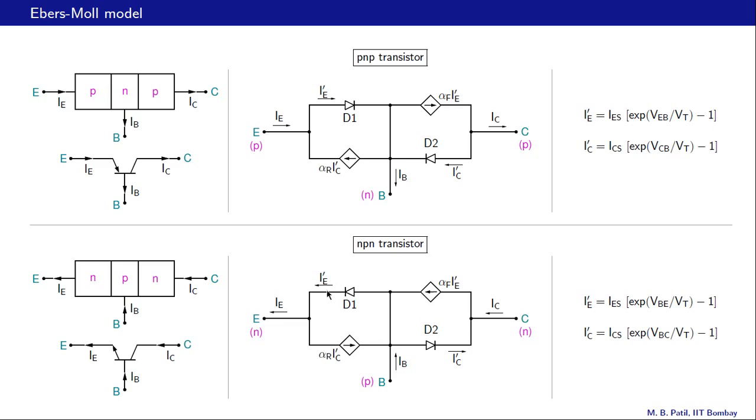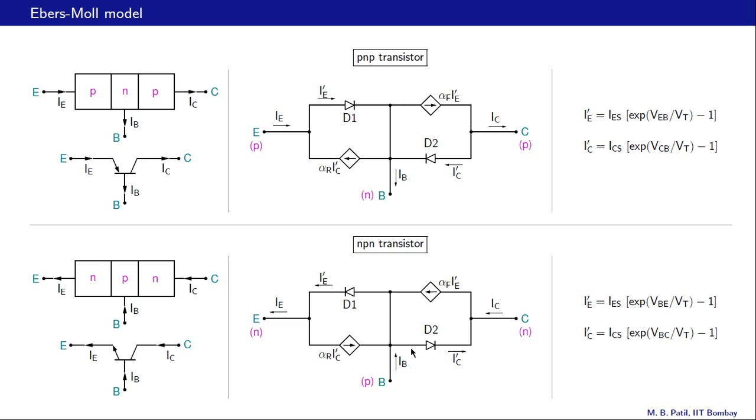The IE prime current is now marked in the other direction, because we expect this current to be positive when D1 is under forward bias. The current controlled current source here is also in the opposite direction, essentially the same direction as IE prime. So this is still given by alpha F times IE prime.